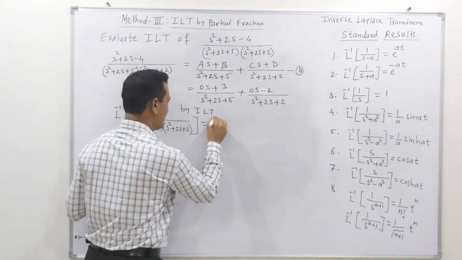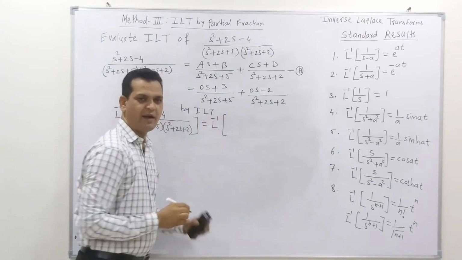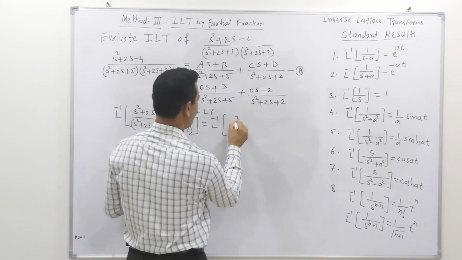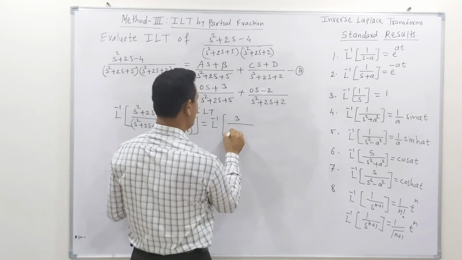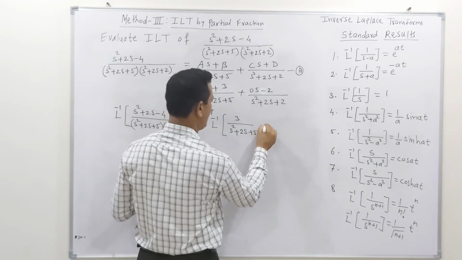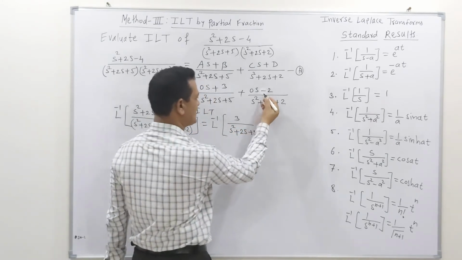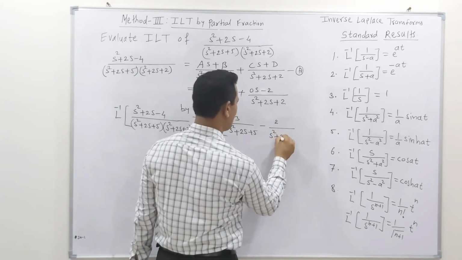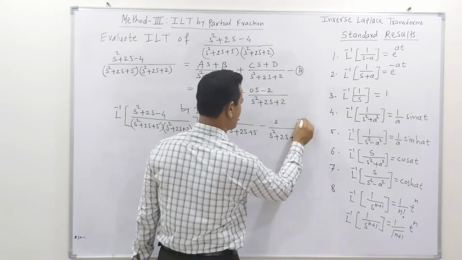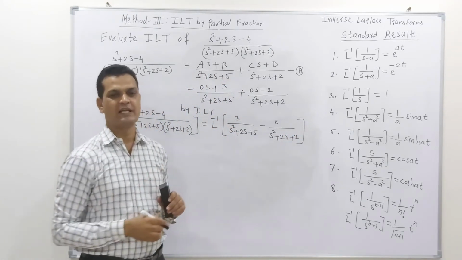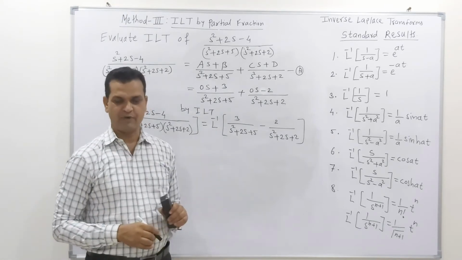Similarly, take the inverse Laplace transformation on the right side. After simplifying, we write 3 divided by s square plus 2s plus 5, then minus 2 upon s square plus 2s plus 2. So after taking the inverse Laplace transformation on both sides, we get this type of equation.